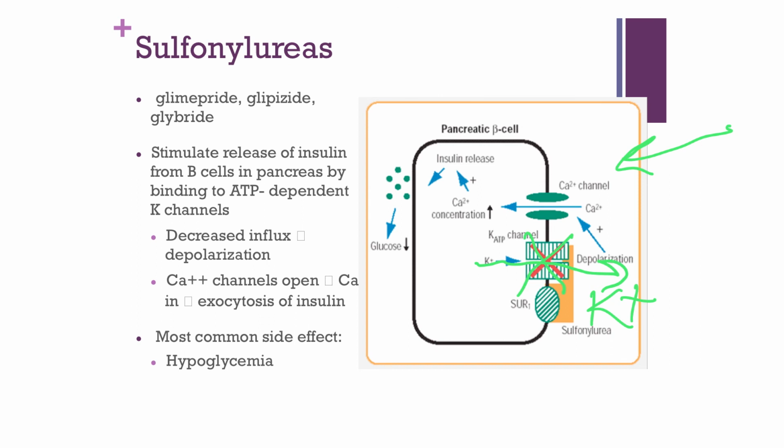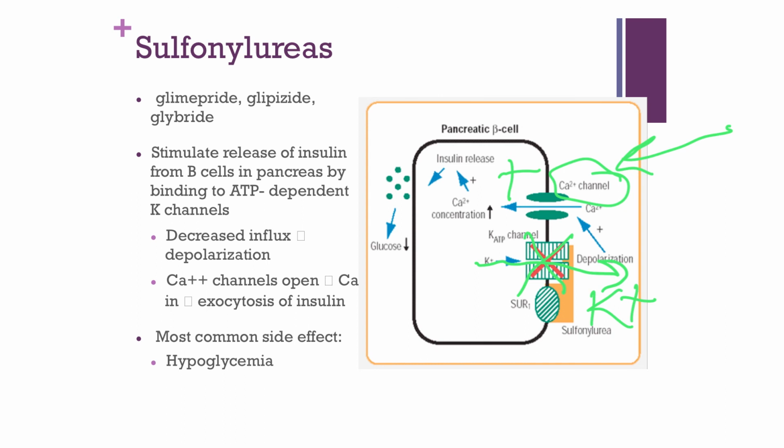By allowing calcium channels to stay open, calcium is a positive ion. The more positive ions we have inside of a cell, the greater its charge and the greater its likelihood it will engage in an activity. So the activity that is desired of beta cells is the release of insulin. So really, this just drives action potentials in beta cells. So it drives secretion of insulin.